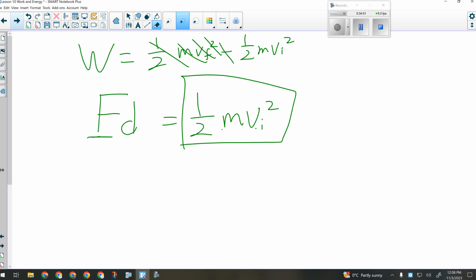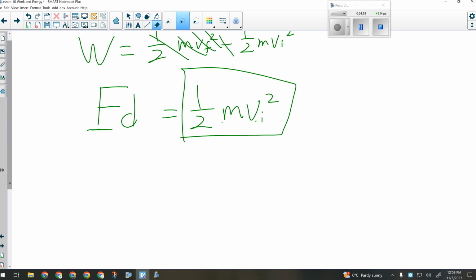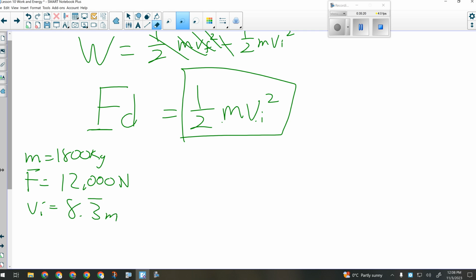And I can prove it to you mathematically. Let's say we're driving a 1,800 kilogram vehicle, and our brakes are capable of exerting 12,000 newtons of force. We are traveling in a playground zone at the speed limit of 30 kilometers per hour, which incidentally is 8.3 meters per second.